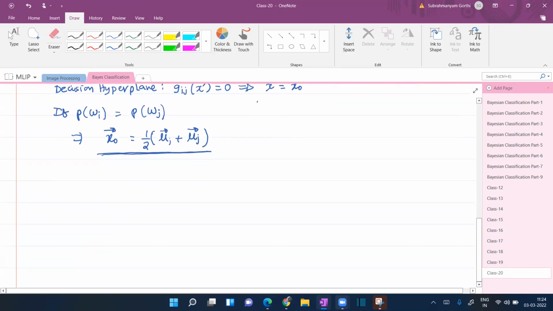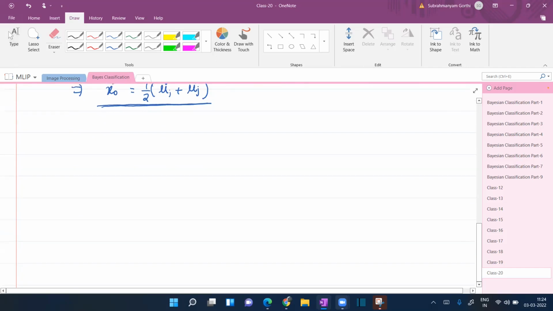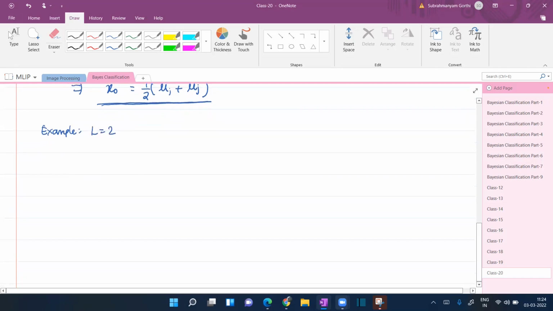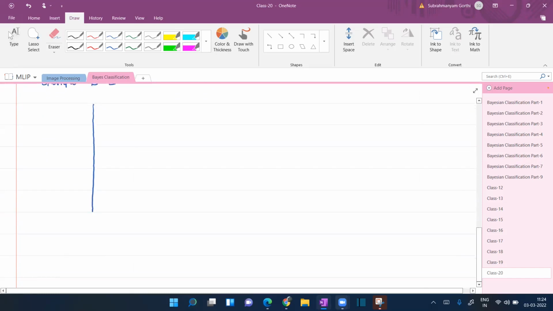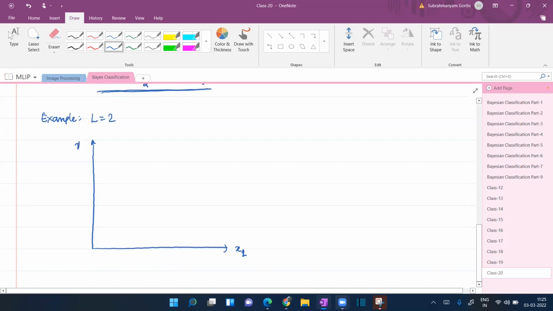Let me, maybe before doing anything else, draw this for an example of the 2D case so that we could draw things. Otherwise, for higher dimensional feature vectors, we won't be able to draw that. So let's take an example and draw this for L equal to 2, a two-dimensional case. My feature vector here is x1, x2.